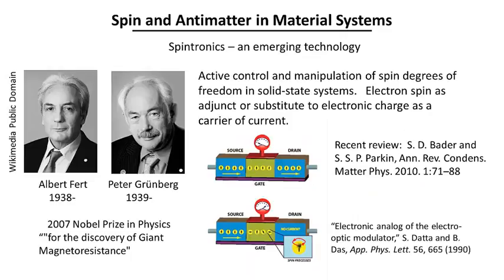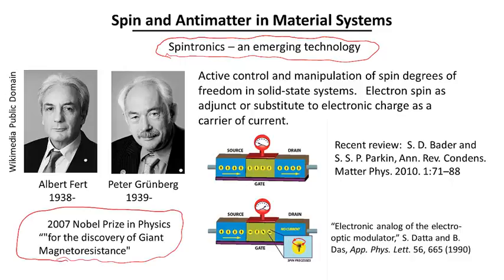There's an emerging technology. Well, it's really an emerging science still. It has yet to yield a wide range of practical devices, but the read heads on modern magnetic storage media are due to a phenomenon called giant magnetoresistance, which involves the control of electrical current by magnetic techniques. So it makes it possible for very high density magnetic storage. And spintronics refers to the search for an alternative to electronic charge as a carrier of current in solids.